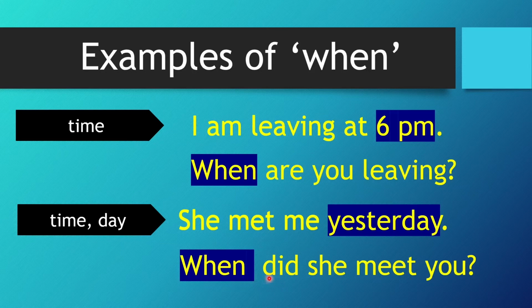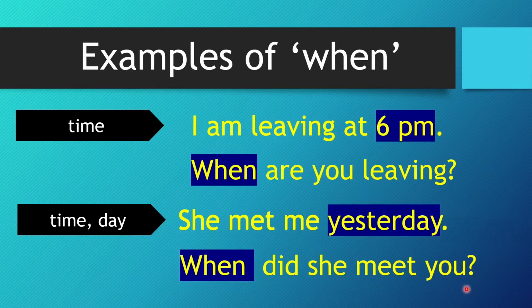So after when there will be did. When did, and after that there will be subject. It is given she. And after that you will write the present form of the verb. So it was given met, but it will become present form meet because you are using past auxiliary. So your sentence becomes, when did she meet you? Question mark.